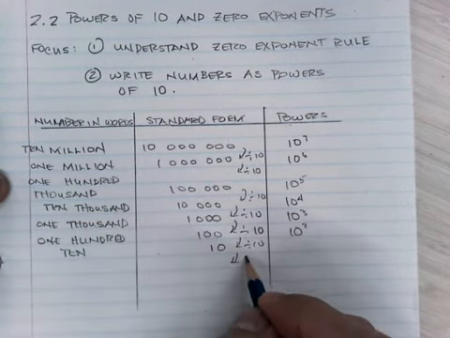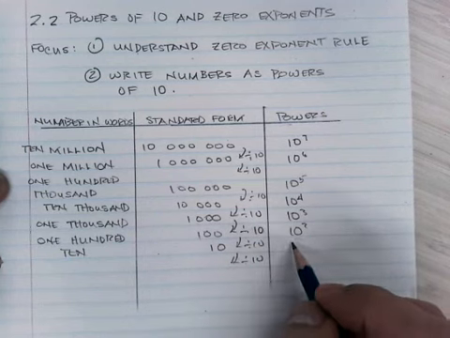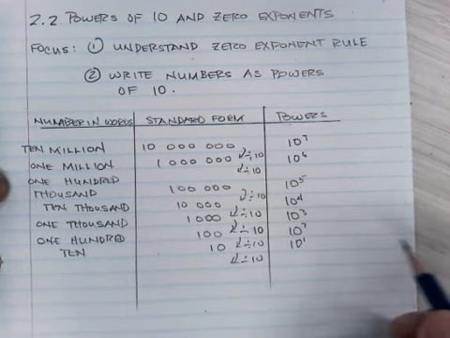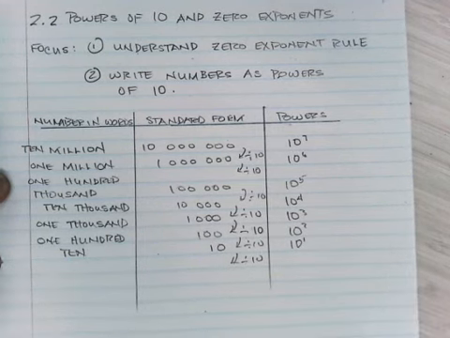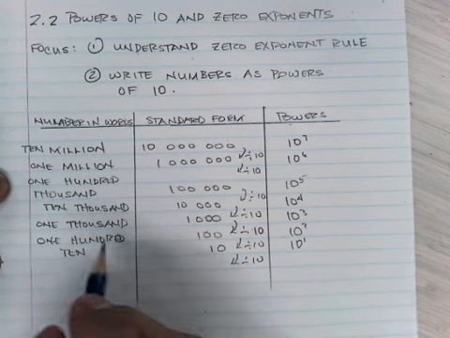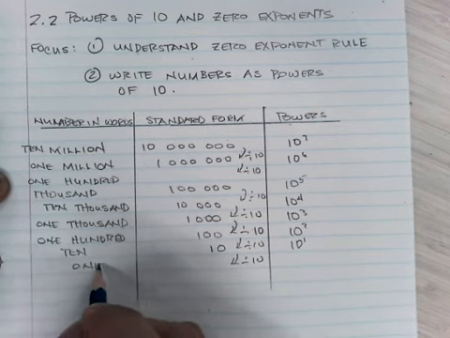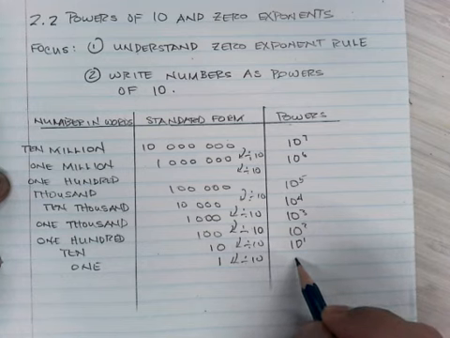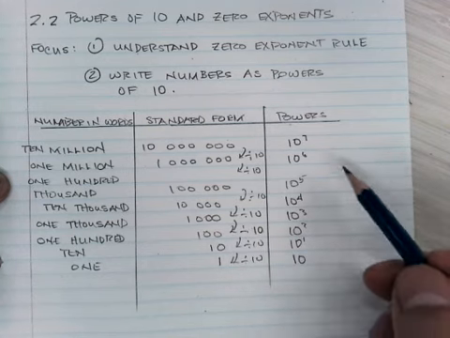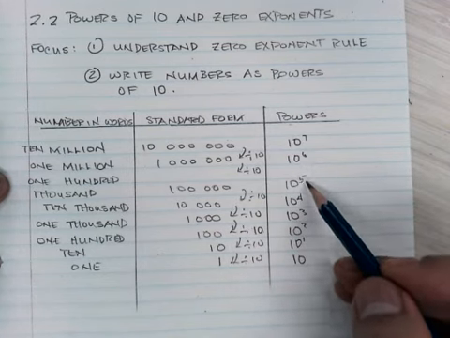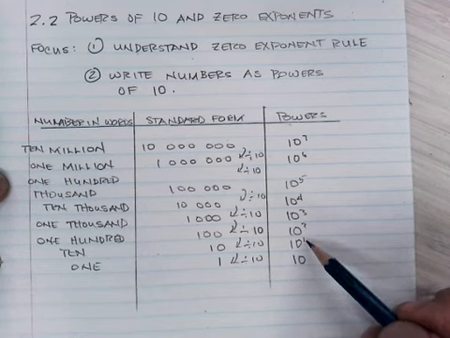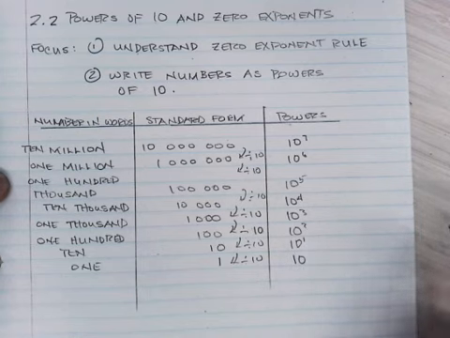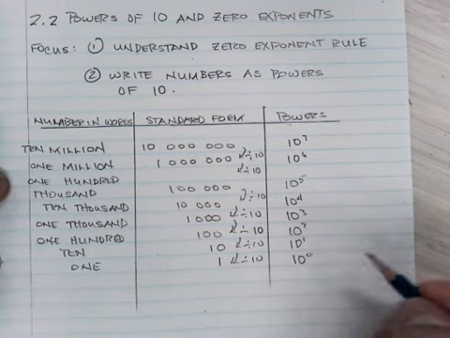And divide this by 10 again. And what number do you think we have? 10 divided by 10, I think, is equal to 1, is it not? And what do you think this exponent is going to be? Notice it's subtracting by 1 every time. So here, 1 minus 1 would be equal to 0.